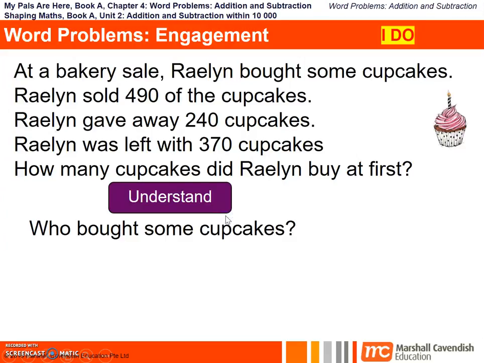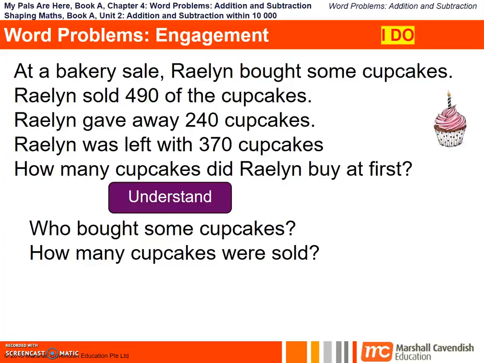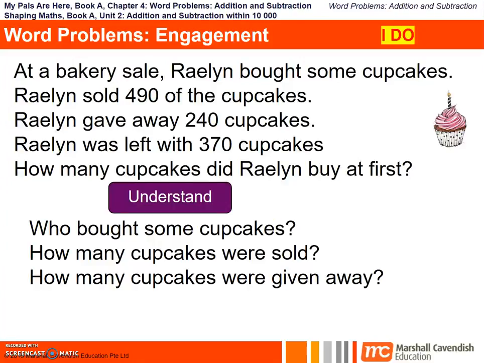Before we go on to that, let's go through what we should understand. So who bought some cupcakes? Yes, that's right, Raylene. How many cupcakes were sold? You're right, 490 cupcakes. How many cupcakes were given away? You say 240 cupcakes? Well done. Alright, next up.